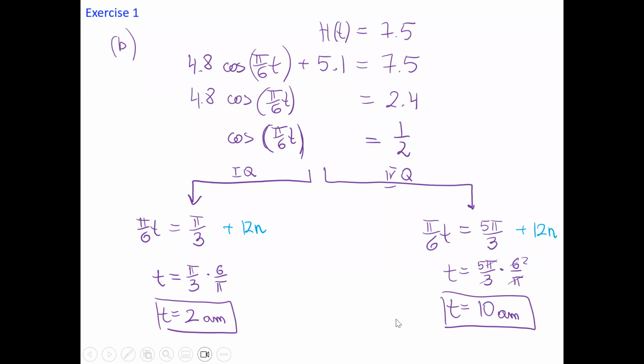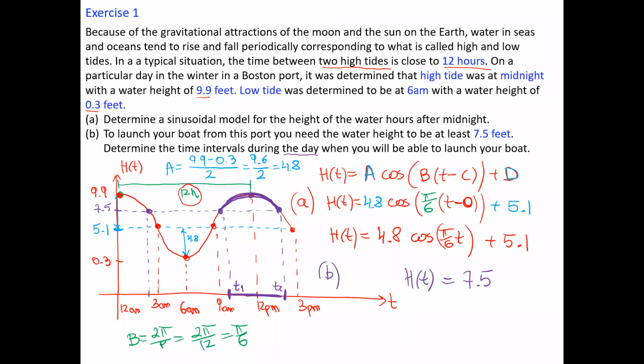Let's check where we are. Where is 2 a.m.? Oh, okay, 2 a.m. looks like here. But we definitely need the time during the day. We can add 12. It will be 2 p.m., because 12 hours. Oh, wait a minute.